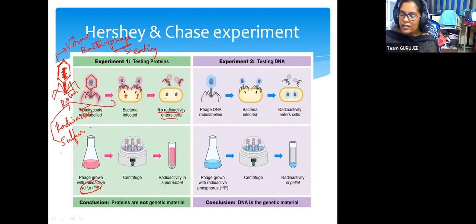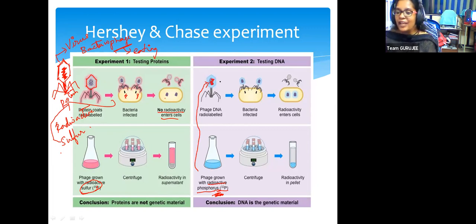Then they performed one more experiment. They used another radioactive substance, radioactive phosphorus. In the first step they used radioactive sulfur. In the second step they used radioactive phosphorus, which attaches only to the DNA and labels it, but not proteins.